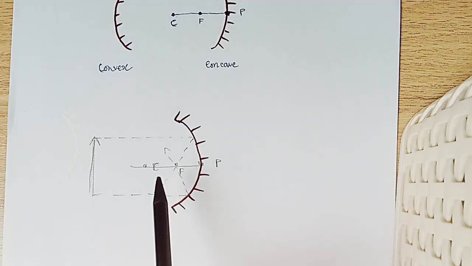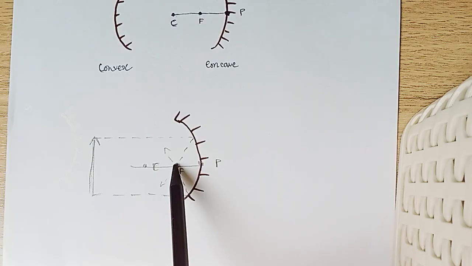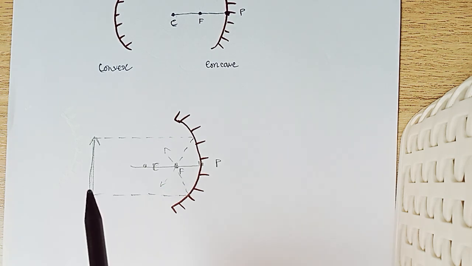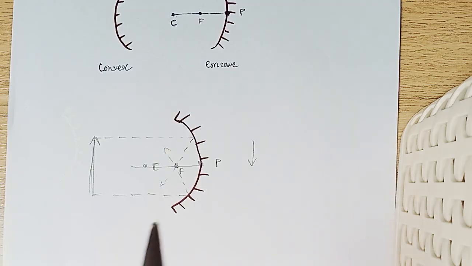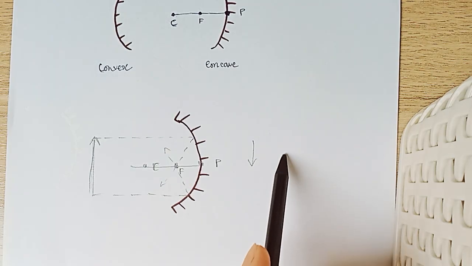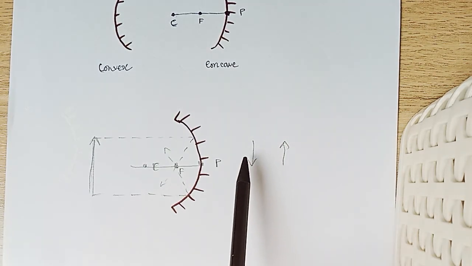Now, the size of the image will be highly diminished. It will be only point-sized, and the nature will be real and inverted. Real and inverted means this image will be like this, whereas virtual and erect will be like this. So this is real and inverted, this is virtual and erect.